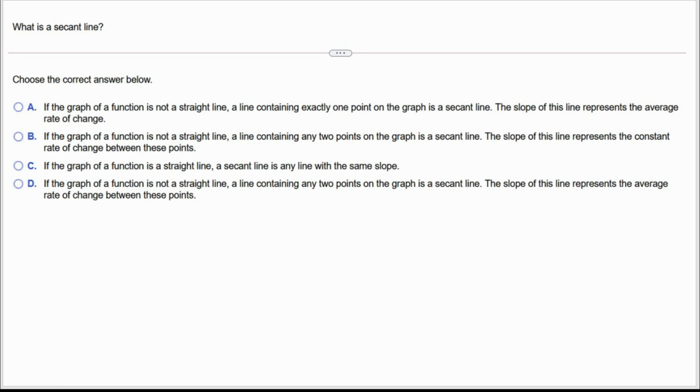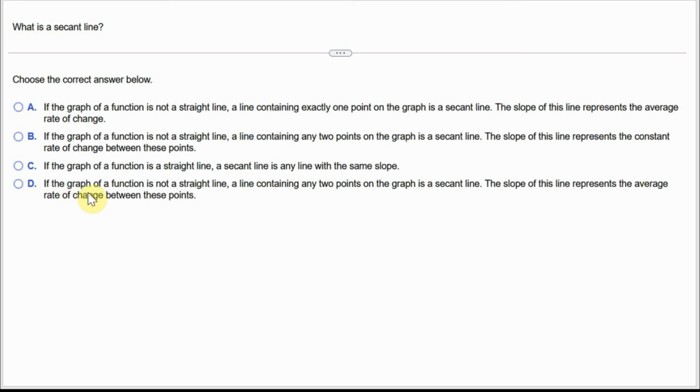Do you see the word in the second sentence? Okay, let's read them all. Part C: if the graph of a function is a straight line, a secant line is any line with the same slope. We definitely rule that out because the secant represents the slope of two points.